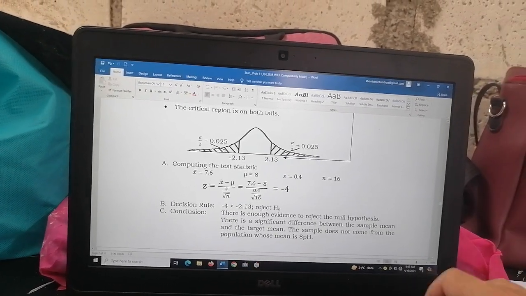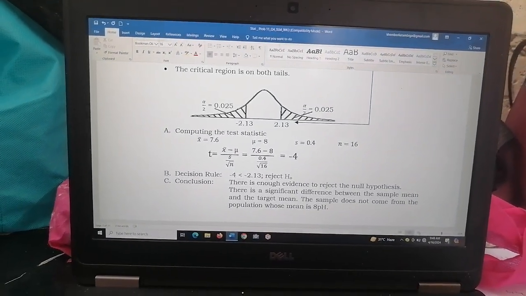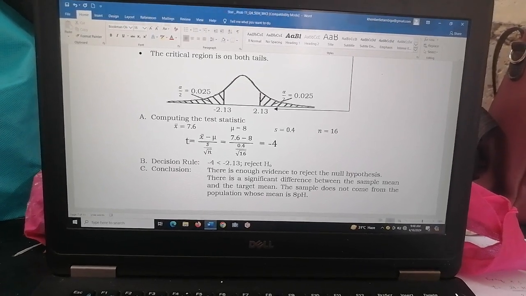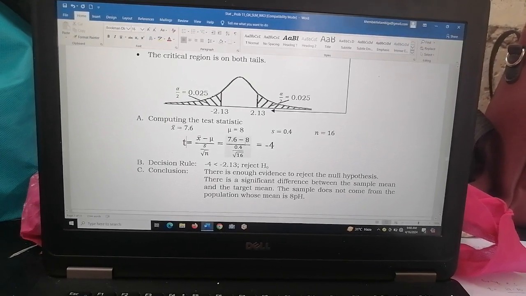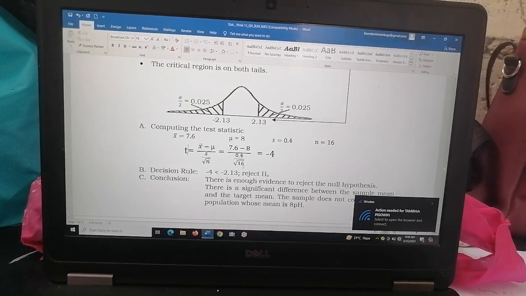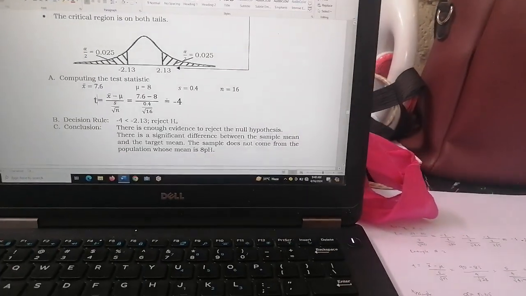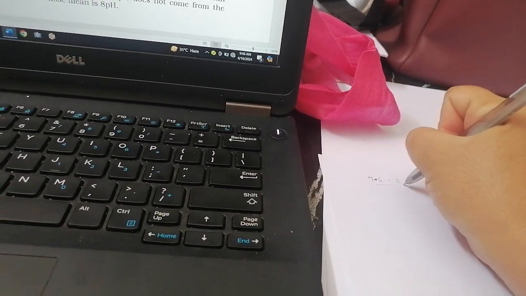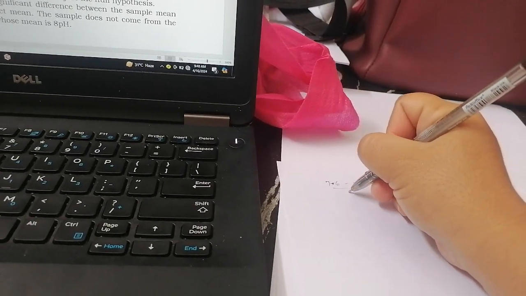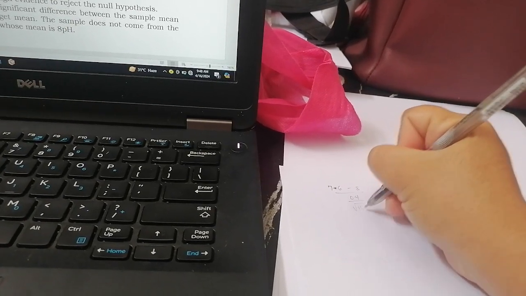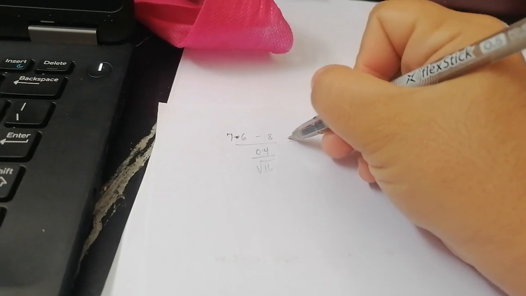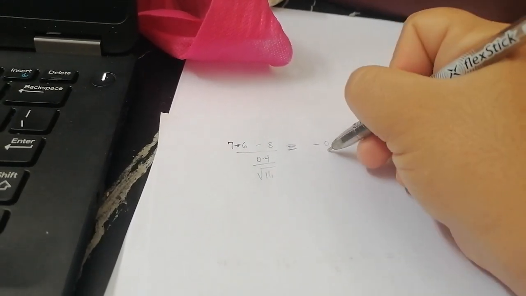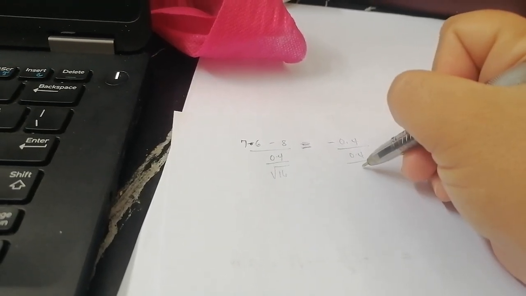So this is not Z, this is T, because we are using the T distribution. So T is equal to X, which is 7.6, minus mu, which is 8, divided by S divided by square root of N. So 7.6 minus 8 divided by 0.4 divided by square root of 16. 7.6 minus 8 is negative 0.4, divided by 0.4 divided by square root of 16, which is 4.